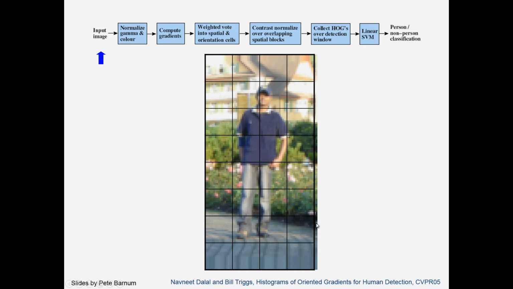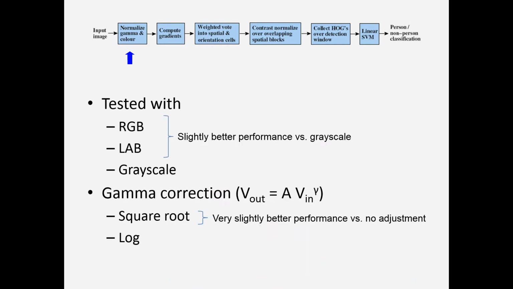A little more detail here: he has this 64 by 128 window, and then he partitions this image patch into tiny cells. You can try different color spaces too. Typically you can do grayscale, but there are other color spaces that appear to be a little better. You can also do gamma conversion, where you take the intensity of this color space and do some adjustment for that.